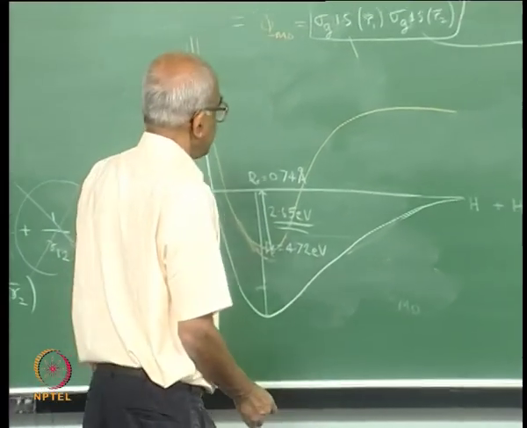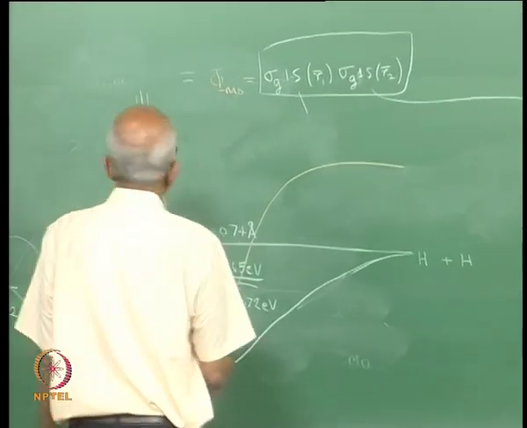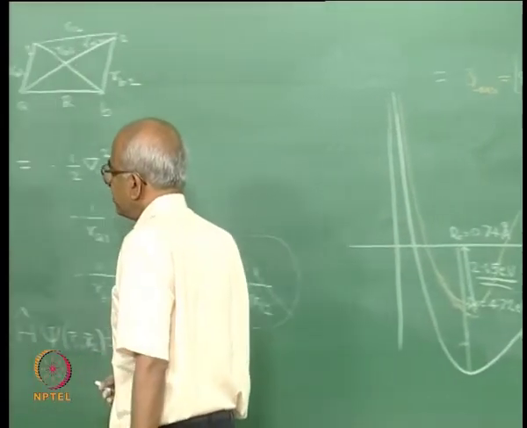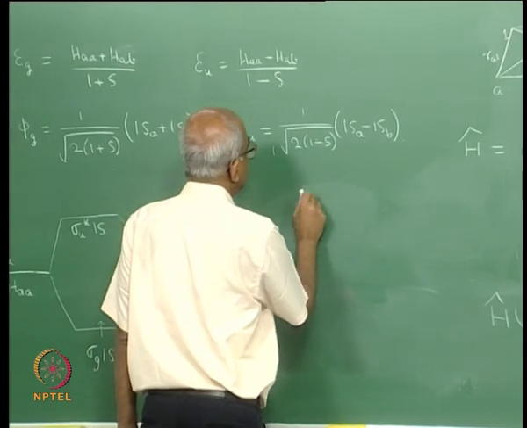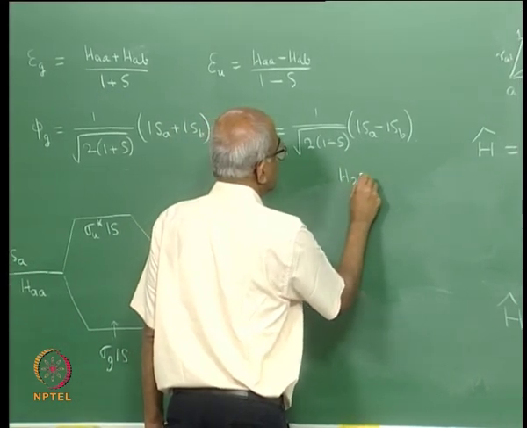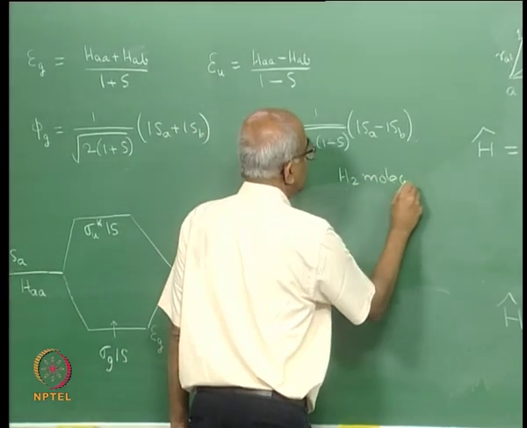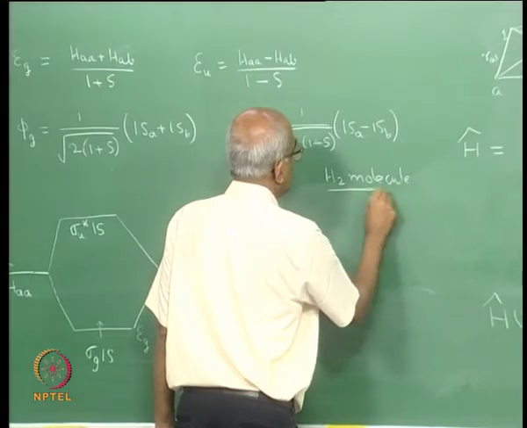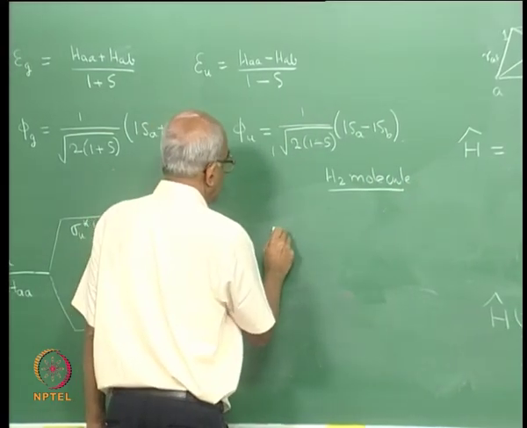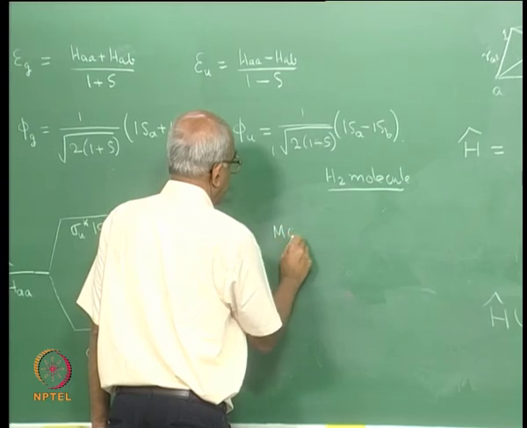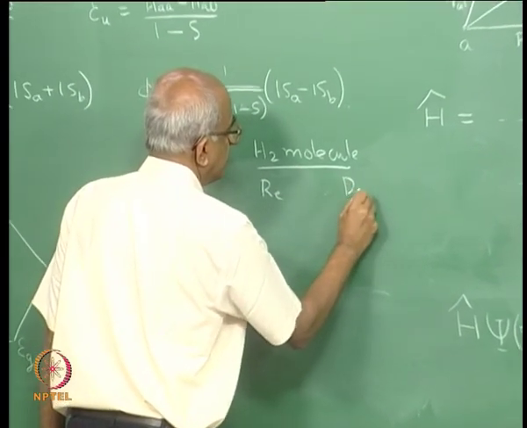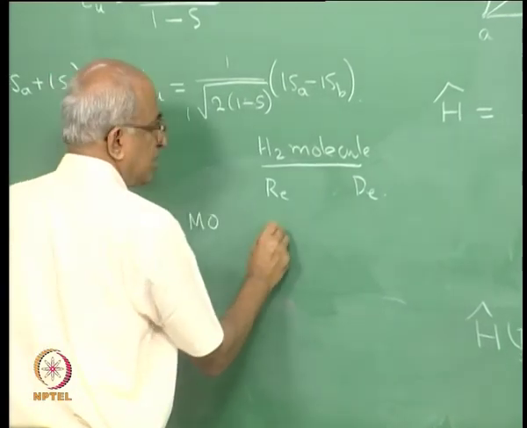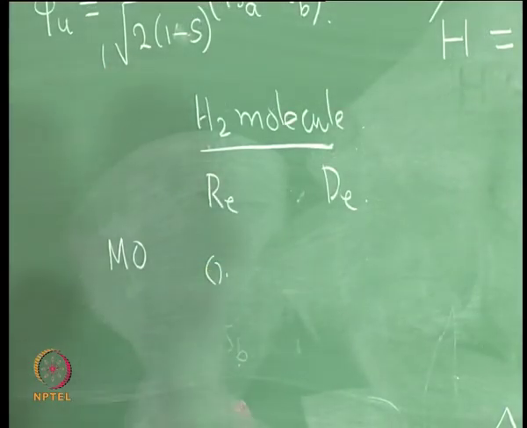is 0.83. Maybe I should write a table which gives you these values. This is for the H2 molecule. I am using molecular orbital calculation. Here is my value of Re, here is my dissociation energy.